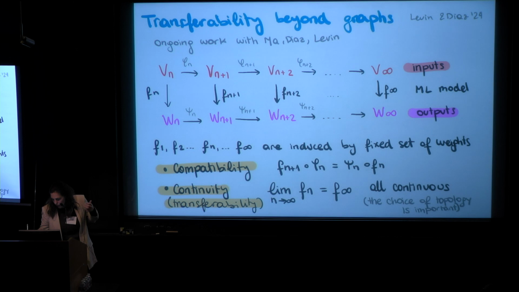Then you can think of what happens with this sequence of machine learning models that are all based on the same set of weights.